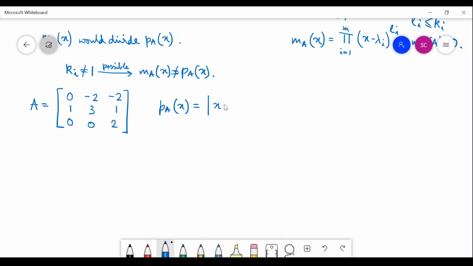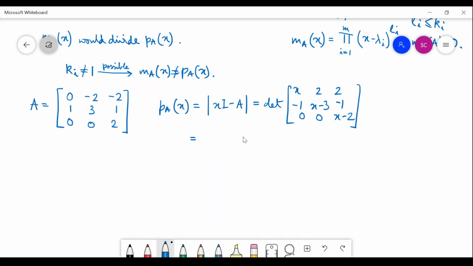It is the determinant of xI minus A, which is the determinant of x, minus 1, 0; 2, x minus 3, 0; 2, minus 1, x minus 2.